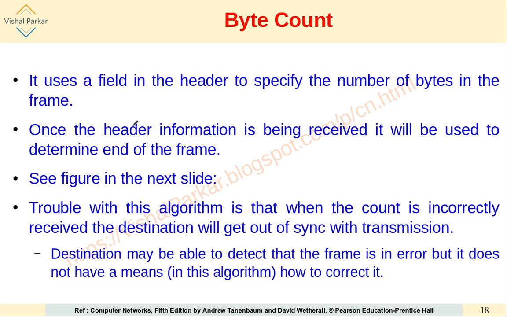So at the receiver, it becomes very easy. When the header information is read, the receiver will simply know that the frame is that many bytes long. We'll see it with an example.